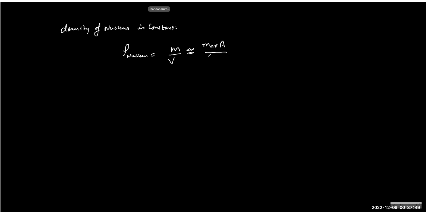Yes. And volume is 4/3 pi r cube. And the r cube itself is how much? r naught cube times A. So no matter which element you choose, the density is the same, it comes out to be constant.